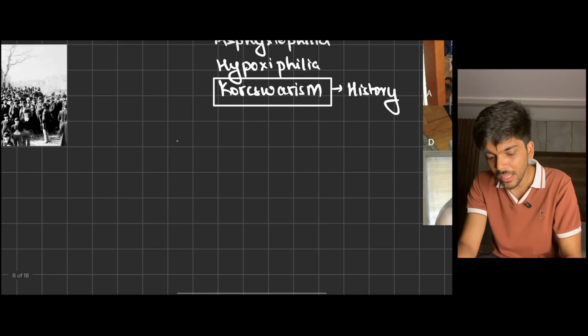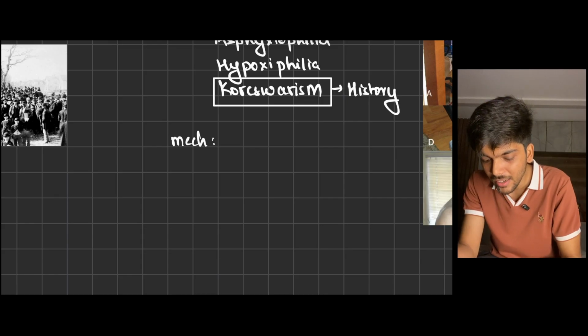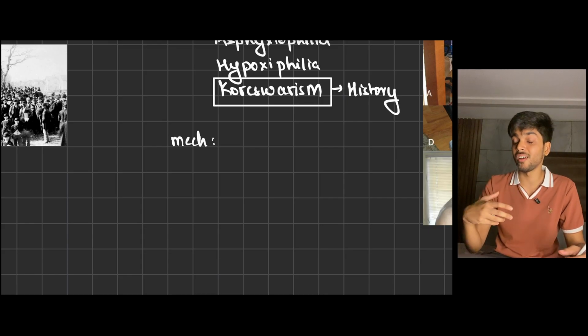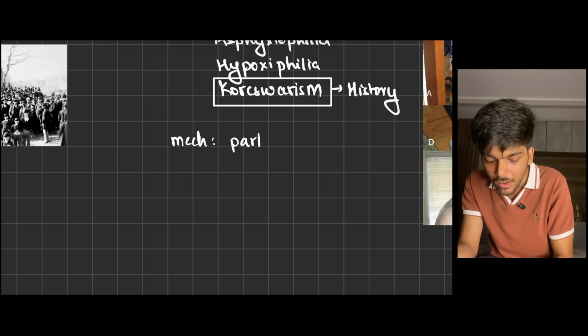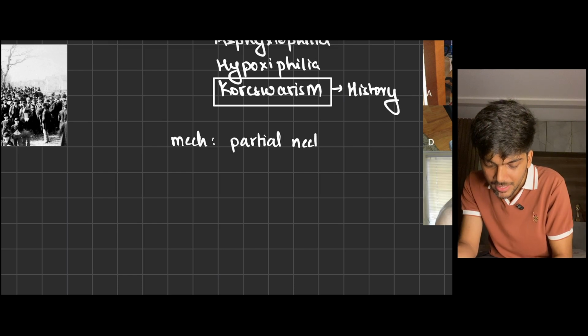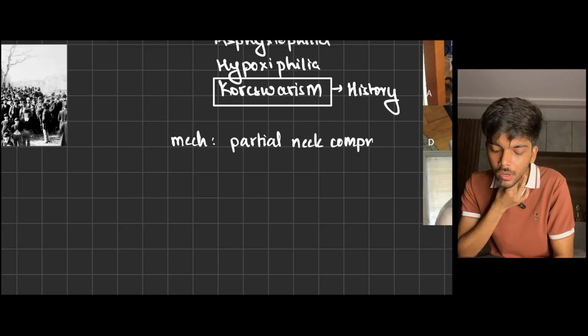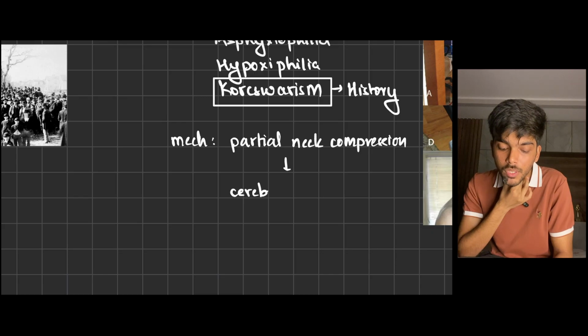Okay, so let's look at the mechanism behind it. How exactly does a person get aroused by asphyxiating himself? So there is partial neck compression, due to which there is cerebral hypoperfusion. Why?